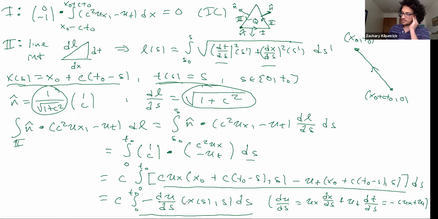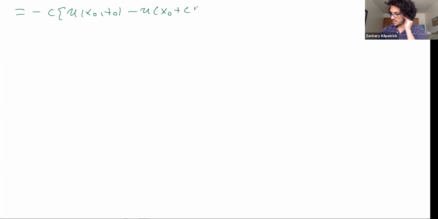So if I do that, then I'm just going to end up with u evaluated at the limits of s, okay, which I'm going to write down now. So I end up with that's equal to minus c times u of (x0, t0) minus u of (x0 plus c t0) evaluated at 0, okay?